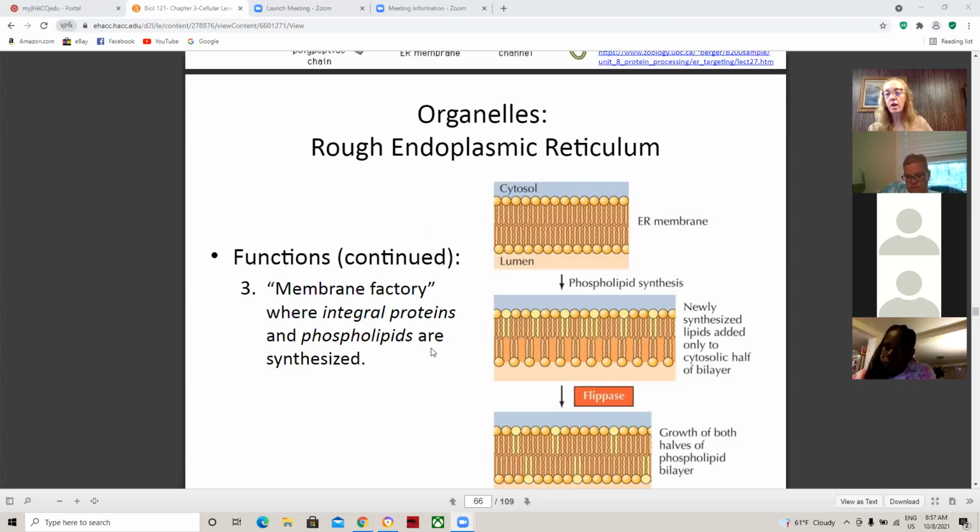So if you want to think about it, anything that's going to end up being part of the plasma membrane or be secreted from the cell is ultimately going to be synthesized in the rough endoplasmic reticulum.